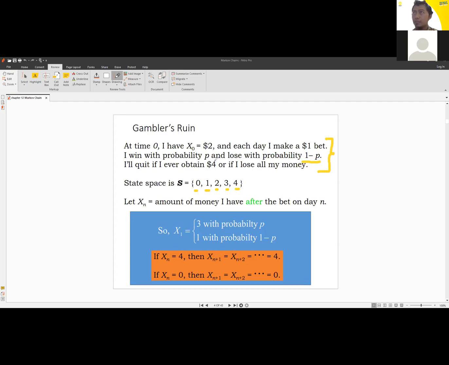This process takes place until there are 2 possibilities at the end: having $0 or having $4. Any questions?